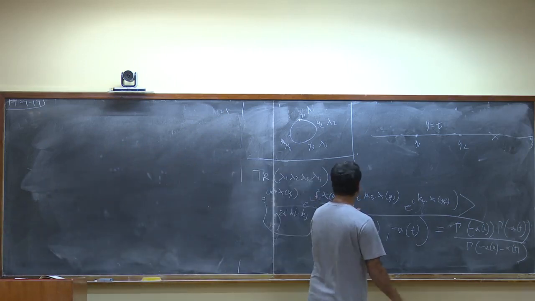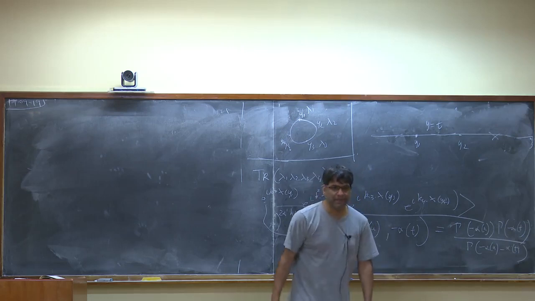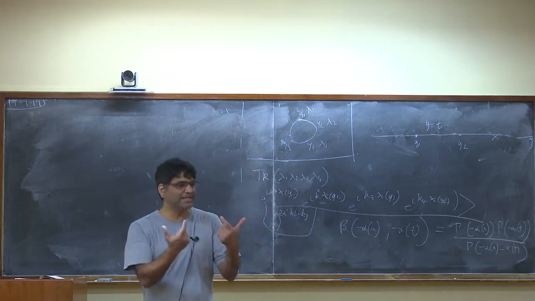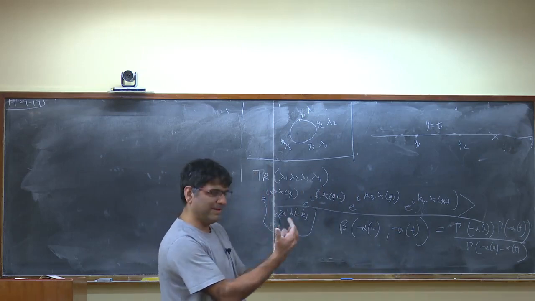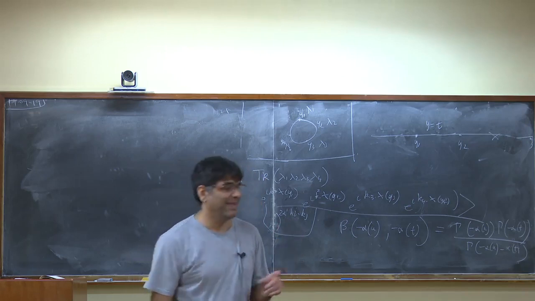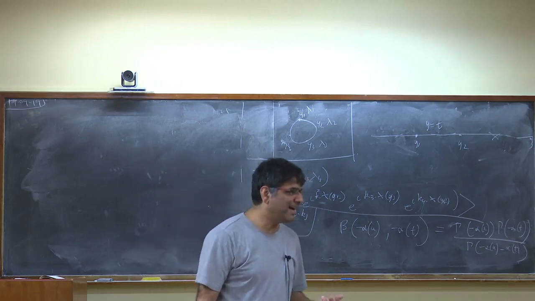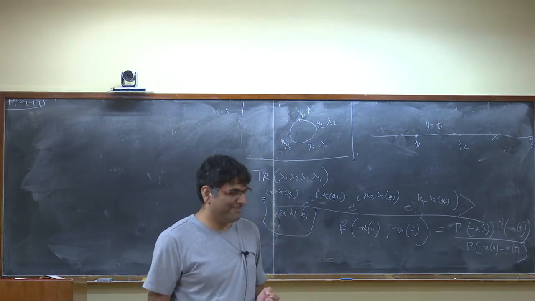Here, why did we get u and t? We got u and t because the non-trivial OPE coefficients involved k1 dot k, k1 dot k4 and k2 dot k4.